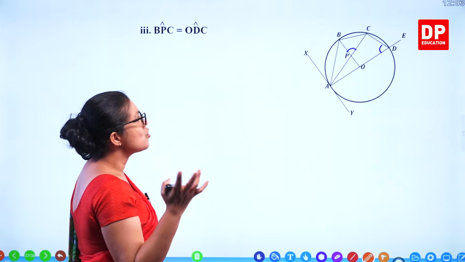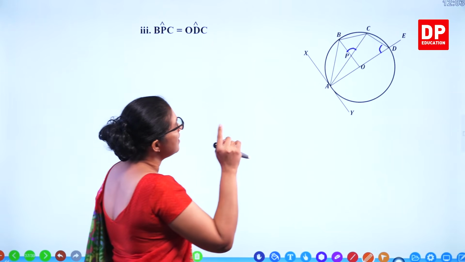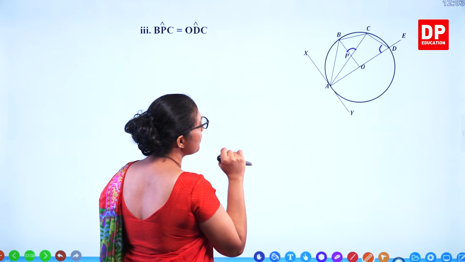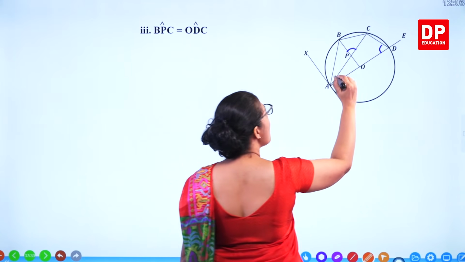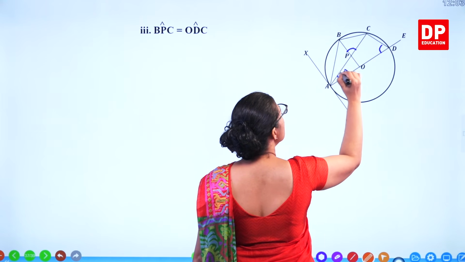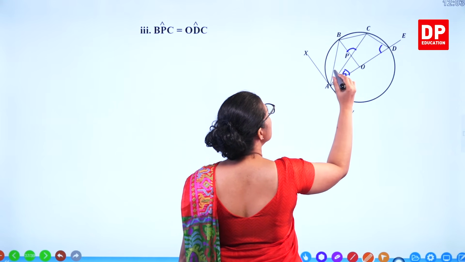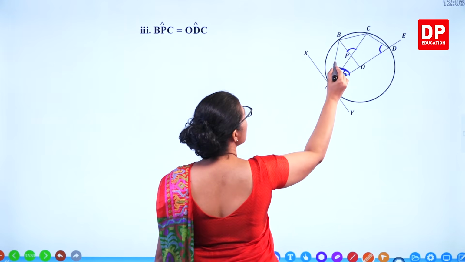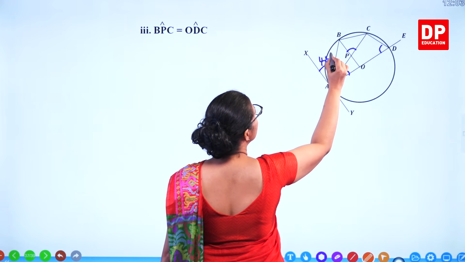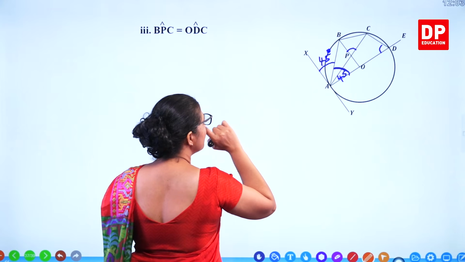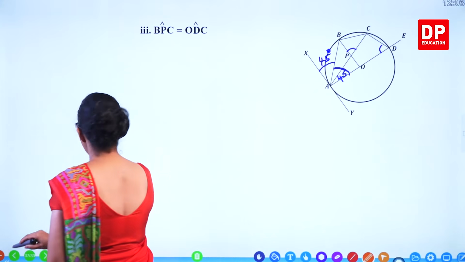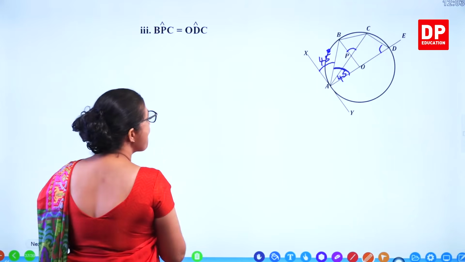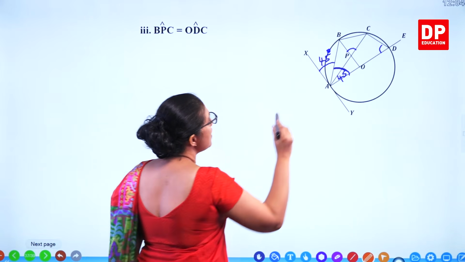So how can we show that this is a cyclic quadrilateral? We found this is 45. This whole thing is 45. And here we found ACB, this is 45.